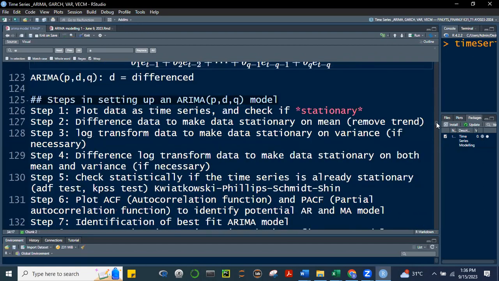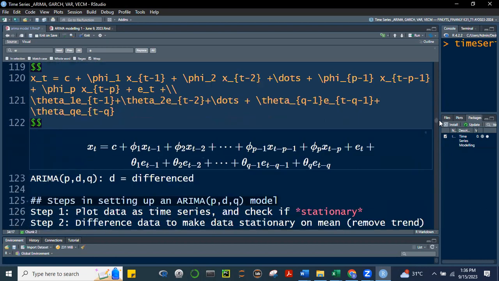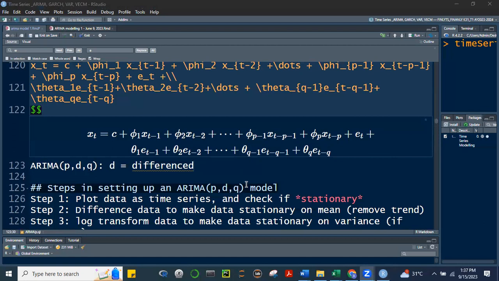Okay, so the choices are simple anyway, class. If the data is not stationary in mean, it means it has a trend, then you difference. If the data has no trend, but it is not constant in variance, which means it's fanning out, so your data behaves this way.